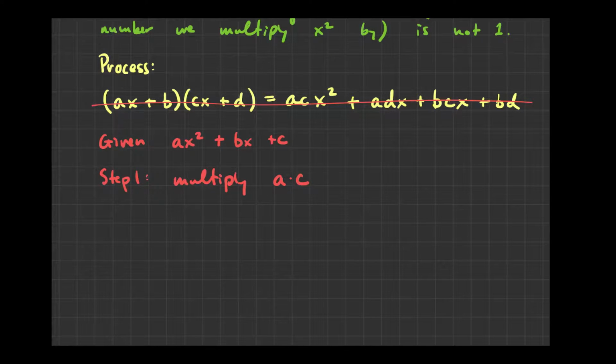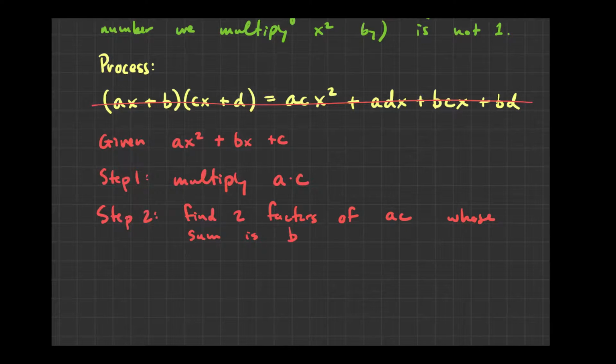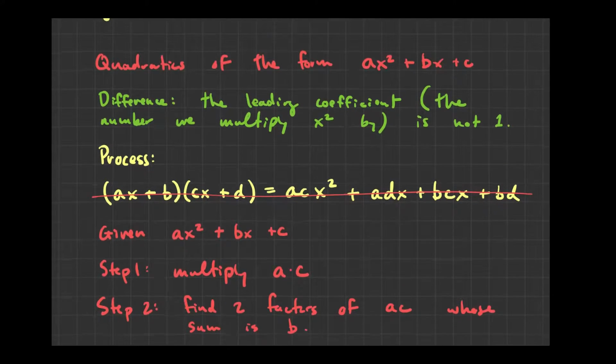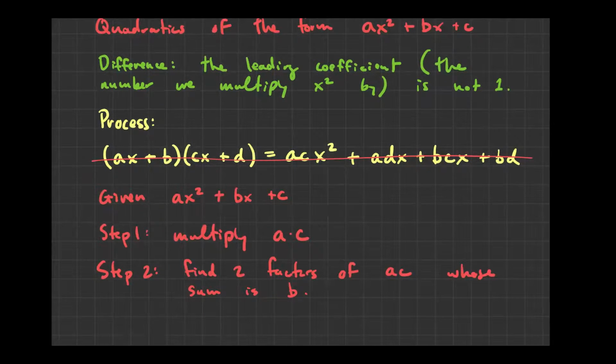Step 2 is to find two factors of ac whose sum is b. So now, instead of just looking for two numbers whose product is that last number and whose sum is the middle number, we include a in the product.